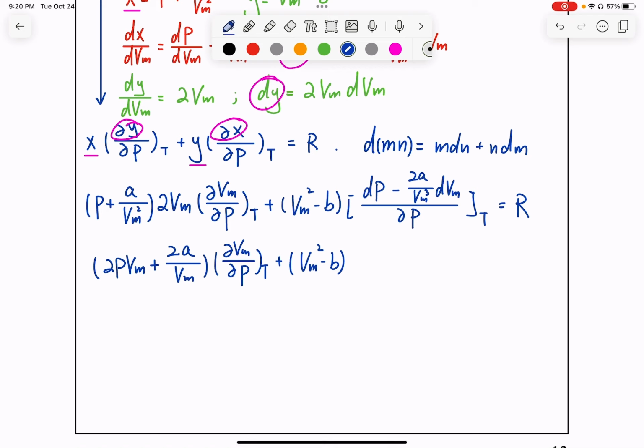And inside here, this term just becomes 1, right? You have dp over dp. This term just becomes 1. And then you have 2a over Vm third, dVm over dp at constant T, and this equals R.